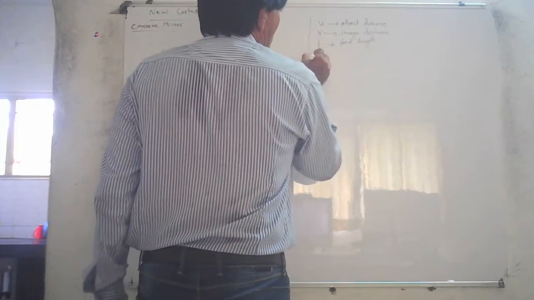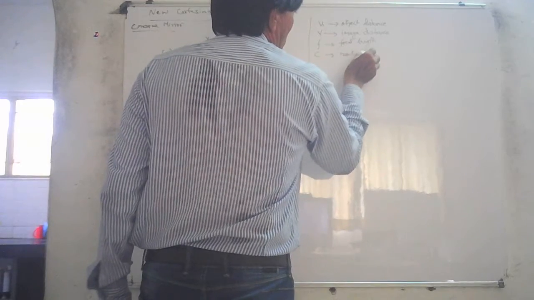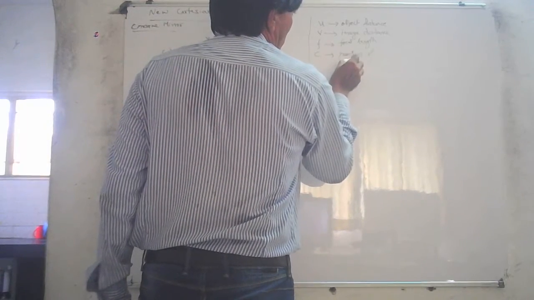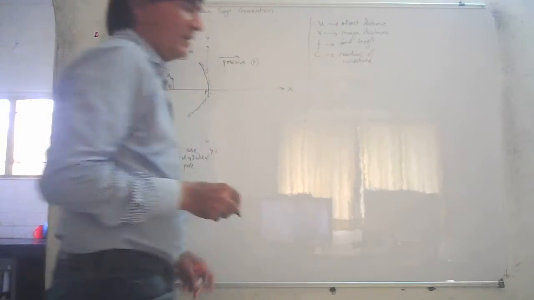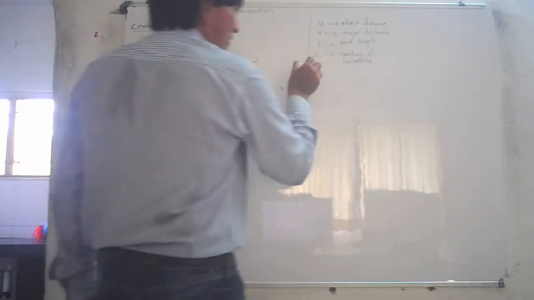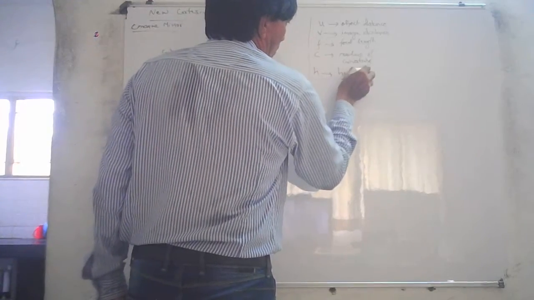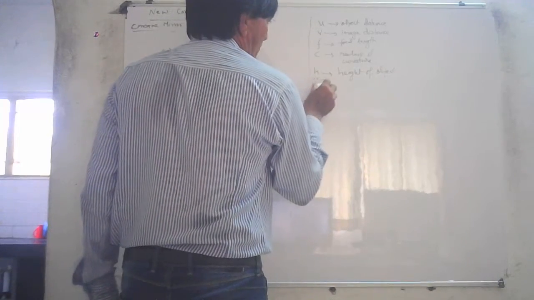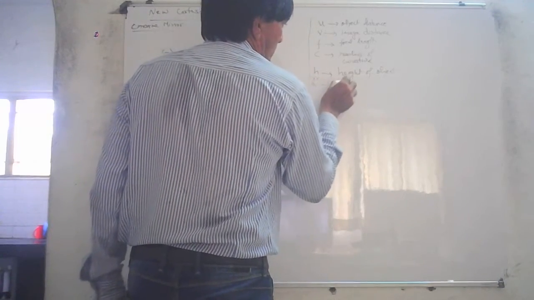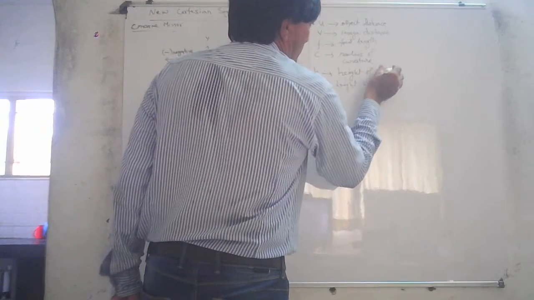C, radius of curvature. Now, also H, height of object, and H dash, height of image. This is height of object and height of image.